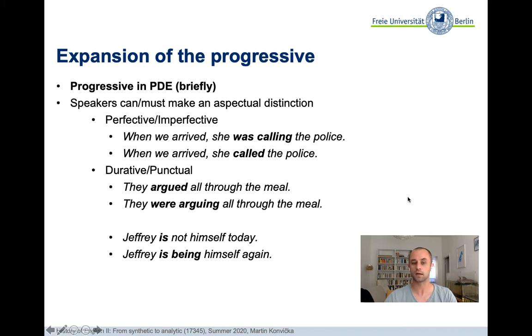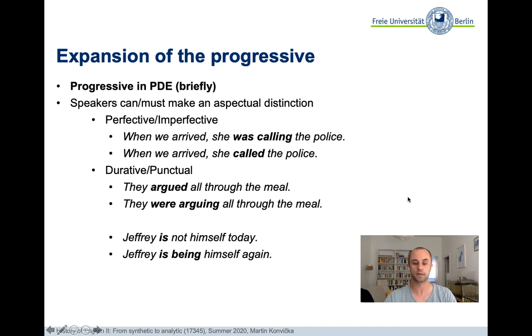So, for example, the sentence, they argued all through the meal, as opposed to they were arguing all through the meal, says something about whether we see the action as one instance or as something that had a longer duration, which would be they were arguing all through the meal, right? Or it can also mean something like whether it is a stable thing or only a phase, right?